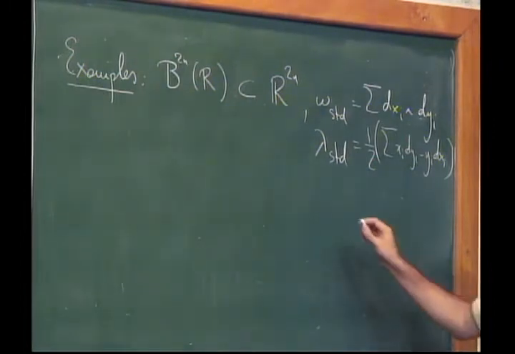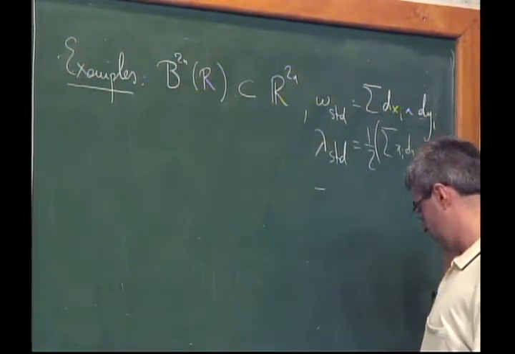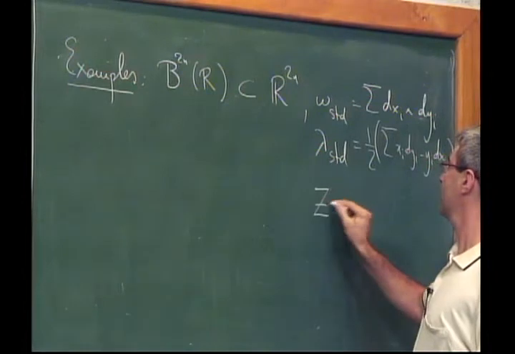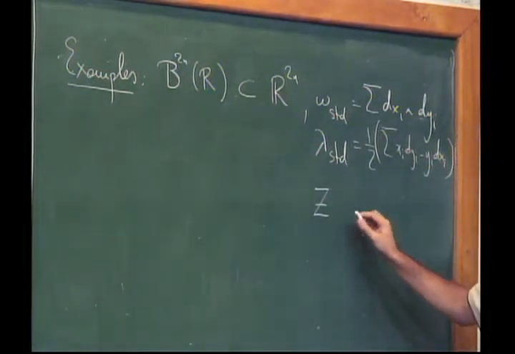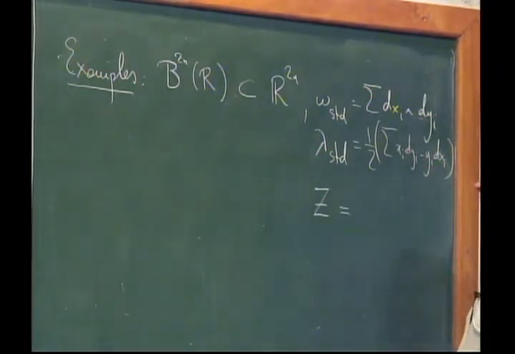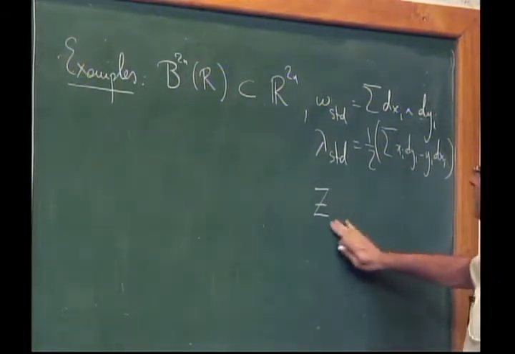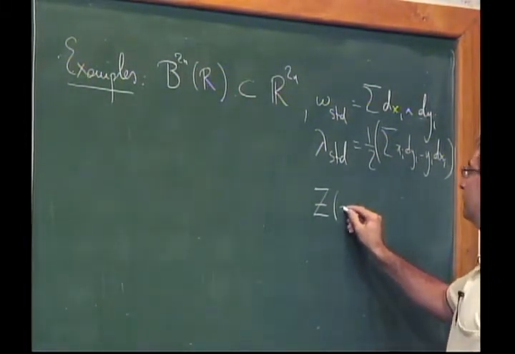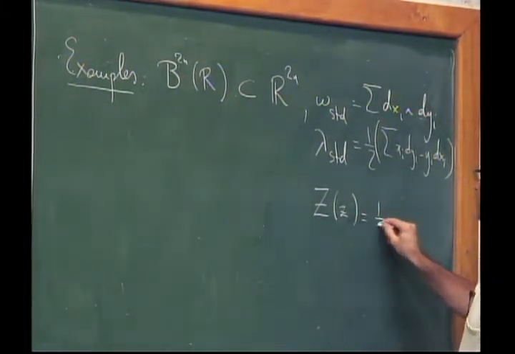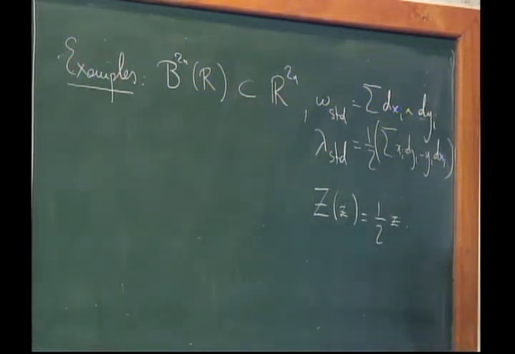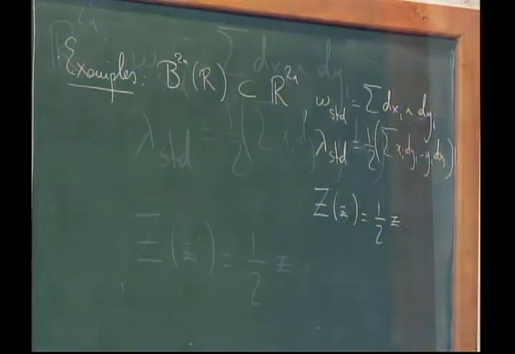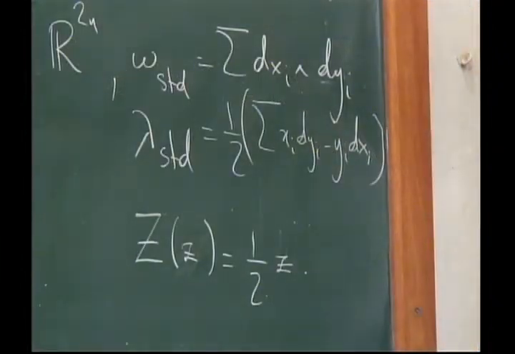And then the Liouville vector field at a point z is, I believe, 1/2 of z. So it's the Euler field, but with a factor 1/2 in front.